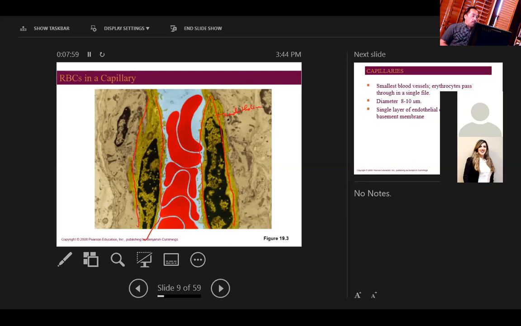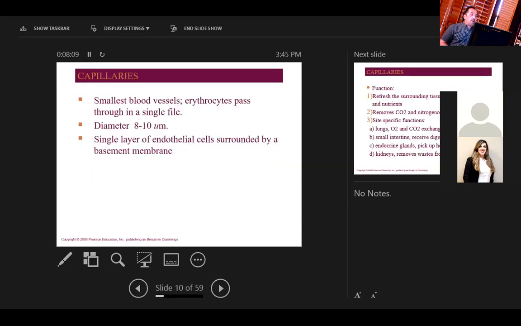Any abnormality in the shape would cause blockage in the capillary because it can only pass through in a single file. The capillary has single-layer endothelial cells surrounded by a basement membrane, so you don't usually see any tunica media or smooth muscle at the capillary.